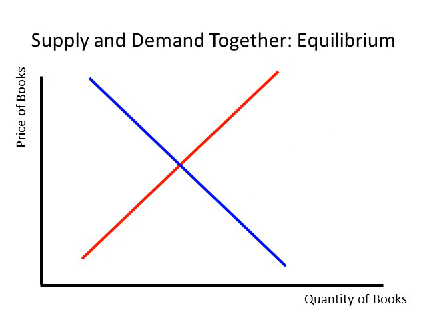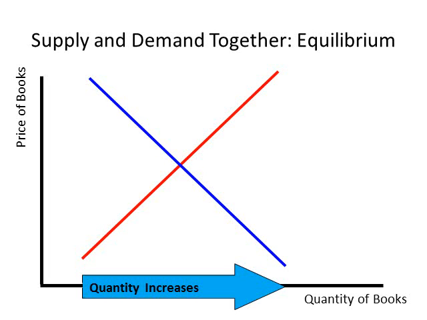Here's a slightly different version of the graph with the supply and demand graph together. One of the obvious differences in this graph from the previous graphs is that there are no numbers on the graph. One assumption of the economists who created this is that the quantity increases as one moves from right to left.